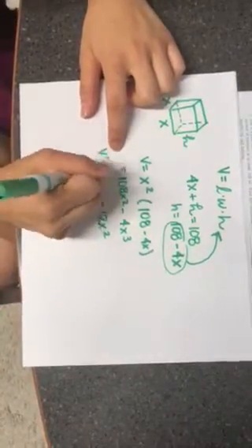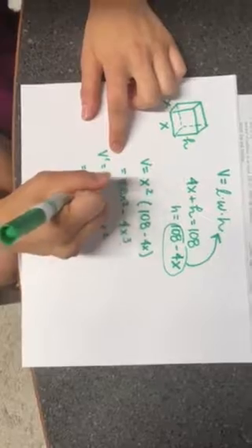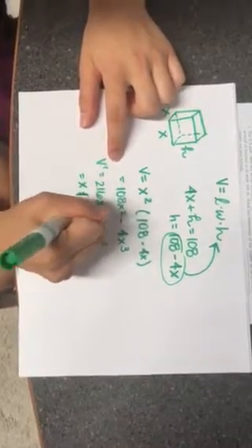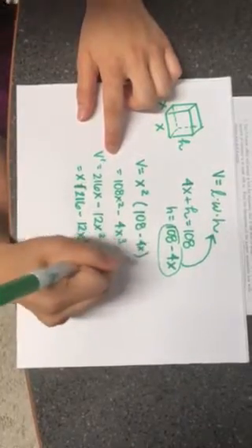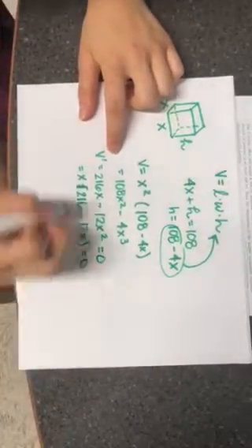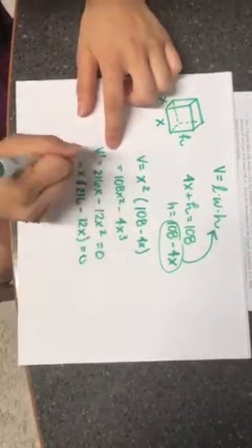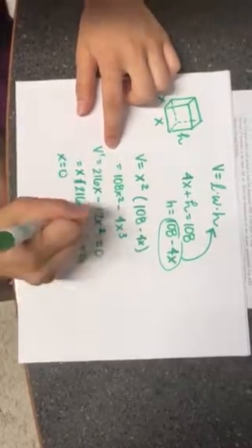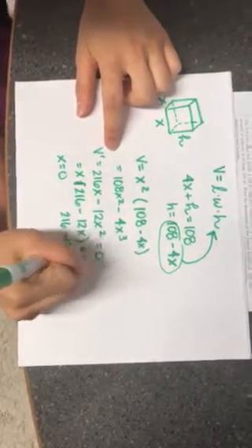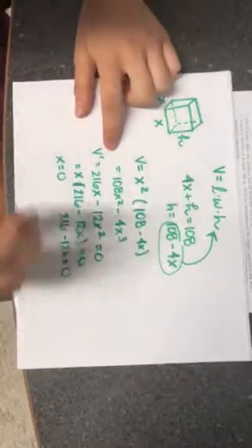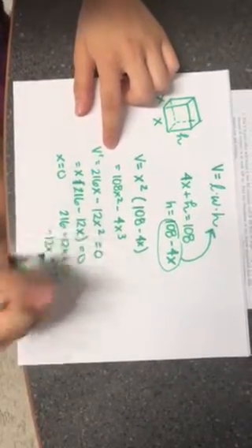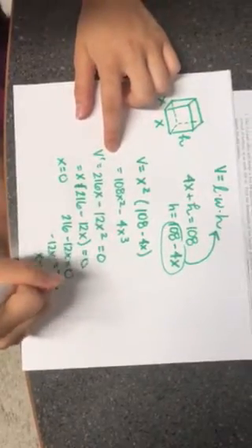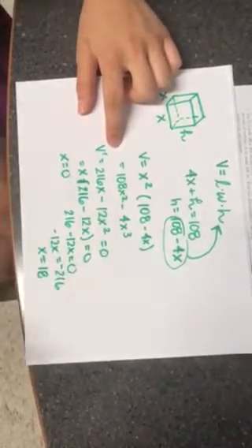You can take x out: x times (216 minus 12x). We want to set it to 0. So you'd have x equals 0, and then you have 216 minus 12x equals 0. So subtract 216 from both sides, negative 12x equals negative 216, and then divide by negative 12, and x equals 18.